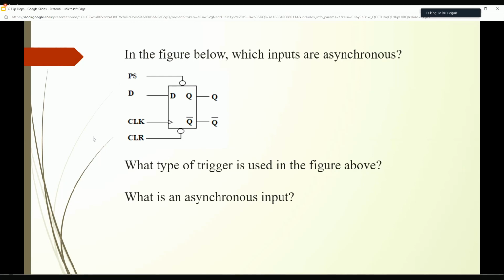Remember, asynchronous meant that it was not timed with the clock. It takes precedence over the other inputs, and as soon as it is found active, it will change the state of Q.